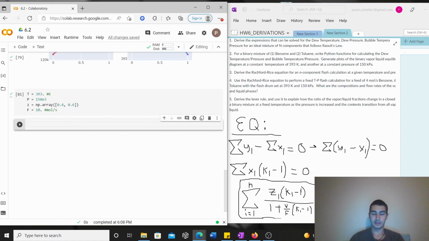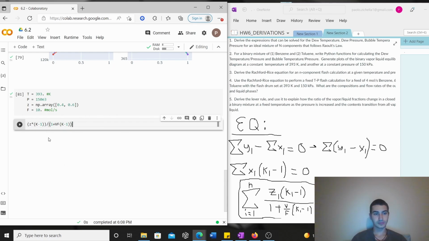Now we can start by putting in the derivation that we found here. So we know that z multiplied by K minus 1, divided by 1 plus V over F. For now I'm just going to keep it as VF so it's easier to multiply and work out, and also K minus 1 and subtract them.